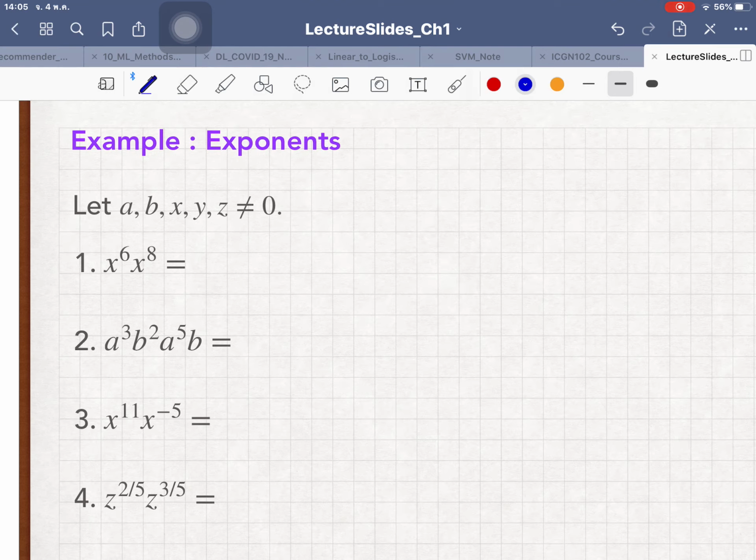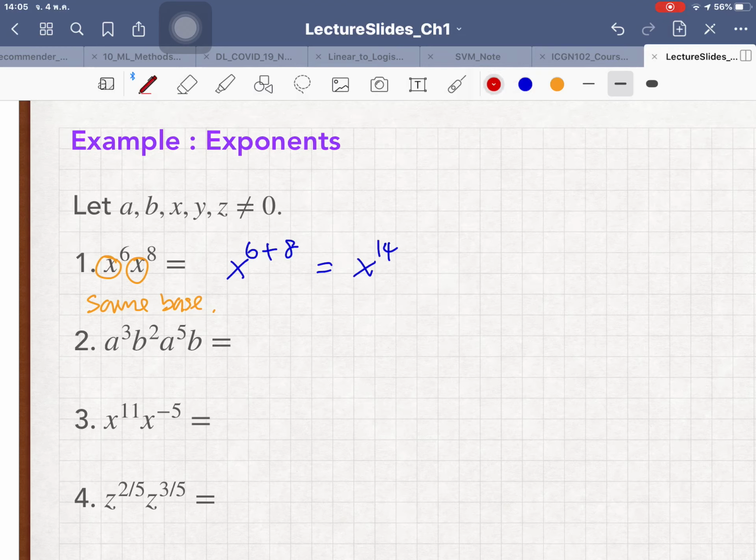In this case, you just apply the same rule as before. For example, for the first problem right here, this is the case when you have the same base. So in this case, just add up the powers together. You're going to get x to the power 14.